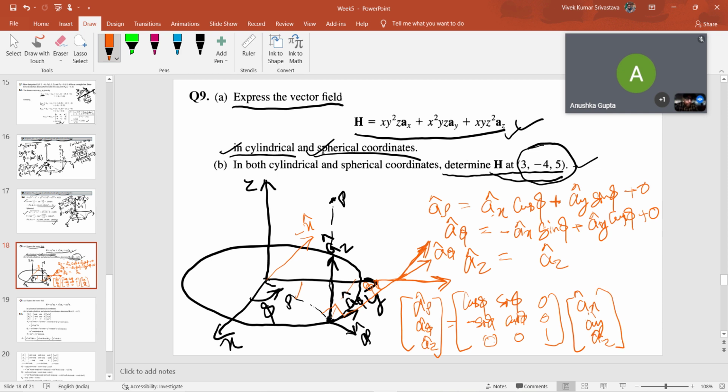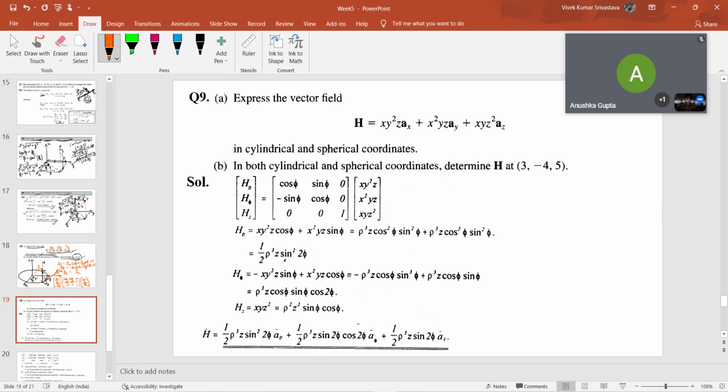So if the components along x, y and z are given to you, let us say hx is the x component of h, hy is the y component of h, and hz is the z component of h, then by putting these components here you can easily determine the components along rho, phi and z in the cylindrical coordinate system.